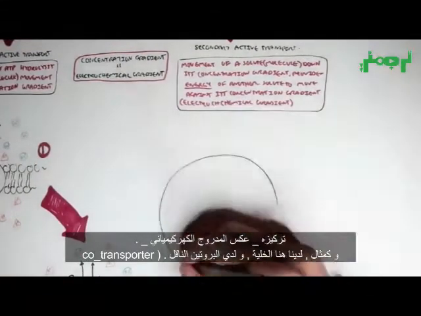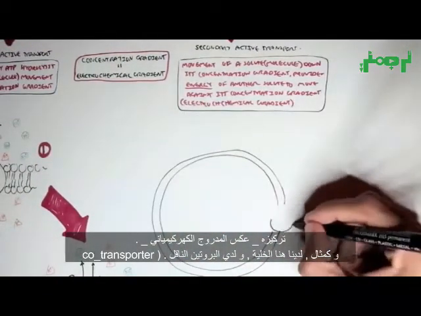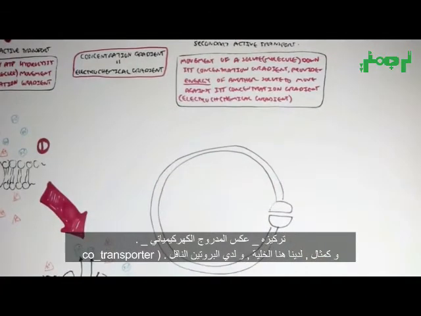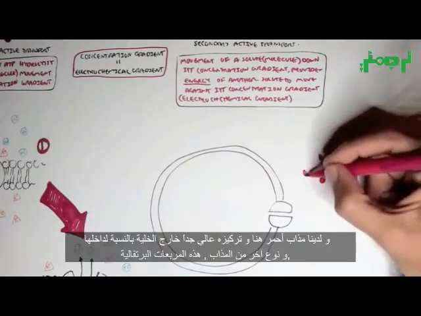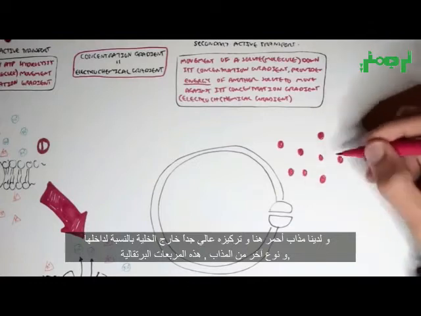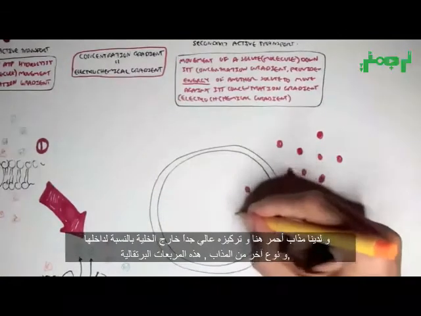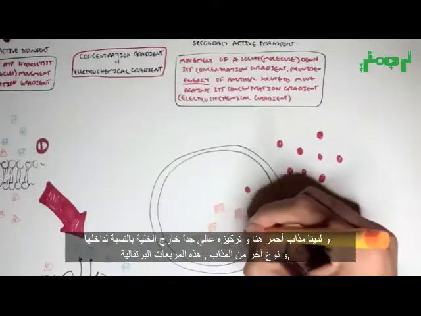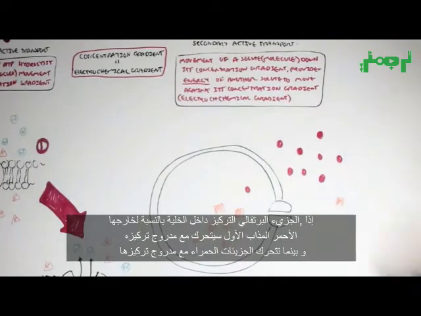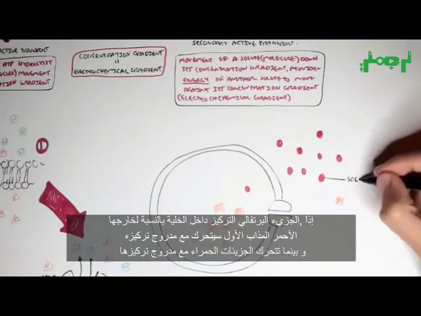So, as an example, here I have a cell, and here I have a co-transporter. We have red solutes out here. They're highly concentrated on the outside of the cell with respect to the inside. And we have a second type of solute on the inside of the cell, these orange squares. So these orange are highly concentrated on the inside of the cell with respect to the outside.